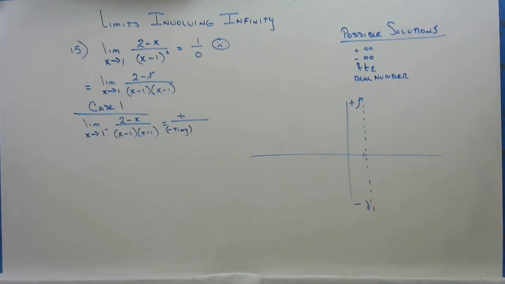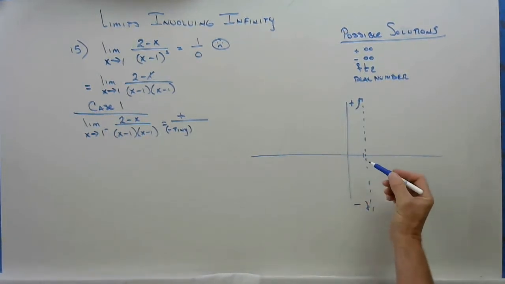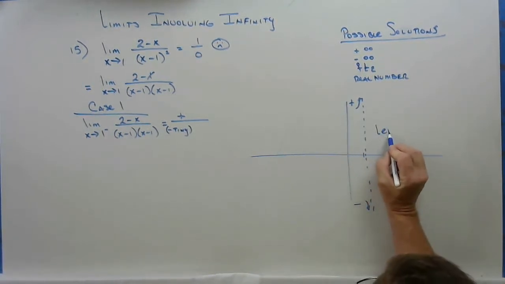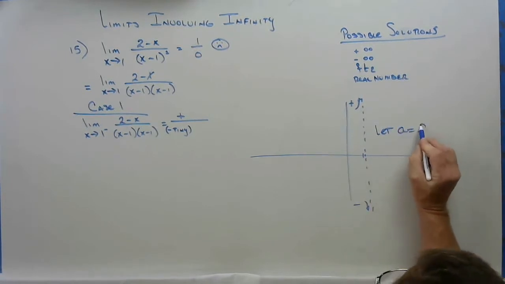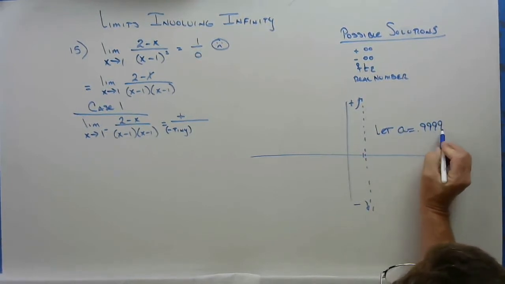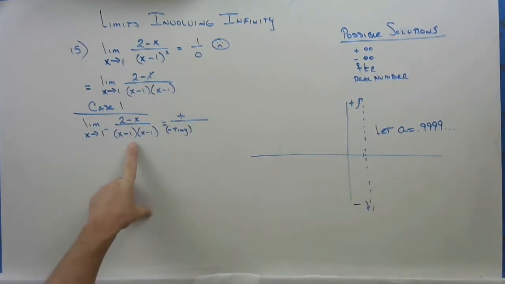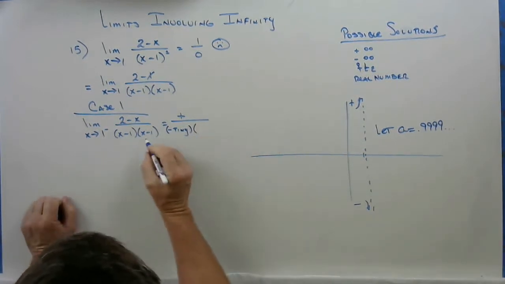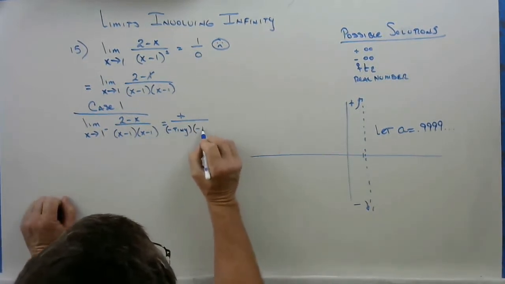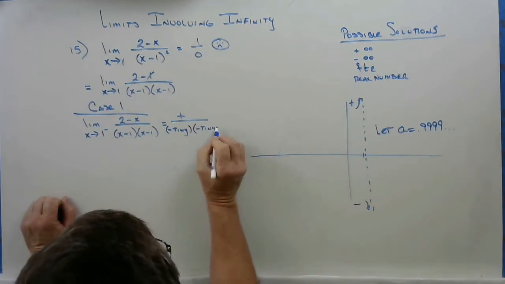Why? Because I'm taking, remember what we have here, we're letting A equal 0.9999, and it goes for a while. When I subtract 1 then, I don't get a very big number, but it is negative. Here, I also, because this is equivalent to this, I also get a negative tiny number.